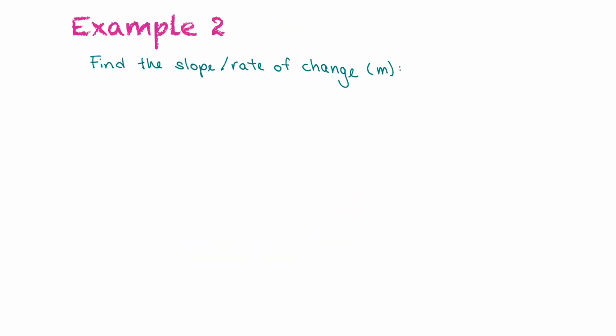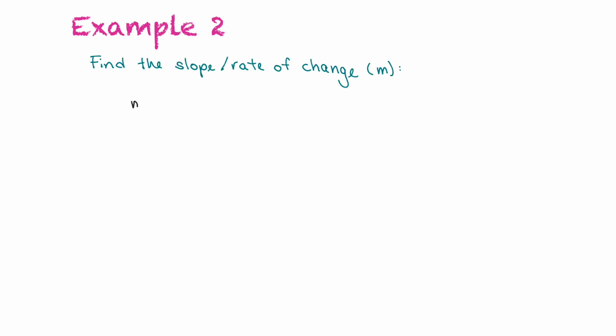Okay, so we're going to do a couple of examples where we will solve to find the slope or the rate of change, which is also represented by m. So the first one, the distance traveled by a car varies directly with time. The car travels 270 kilometers in 3 hours. So we need to find out what the rate of change is.